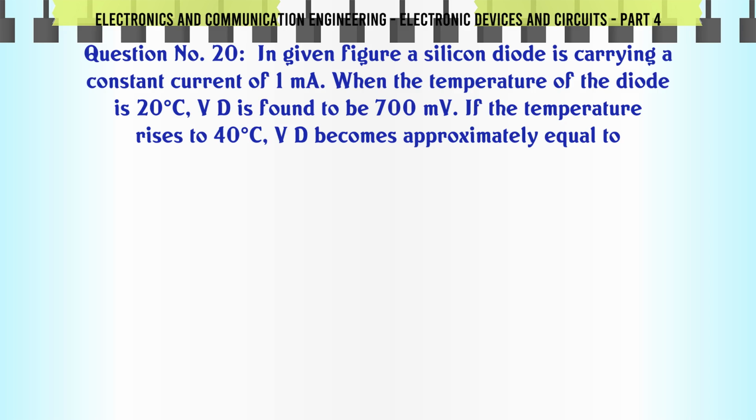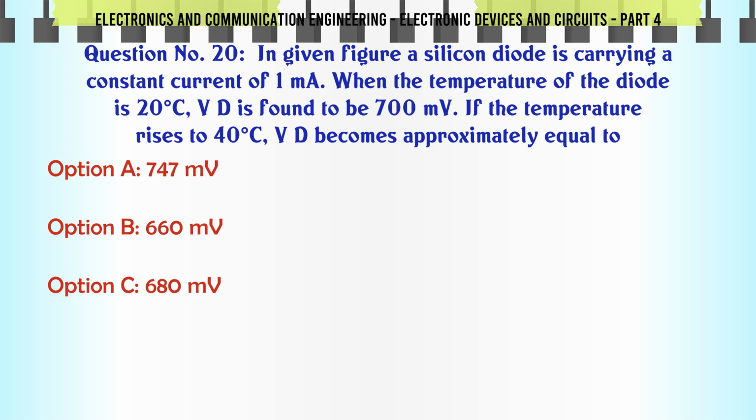In the given figure, a silicon diode is carrying a constant current of 1 mA. When the temperature of the diode is 20°C, V_D is found to be 700 mV.